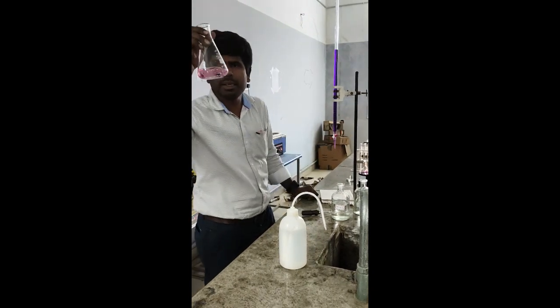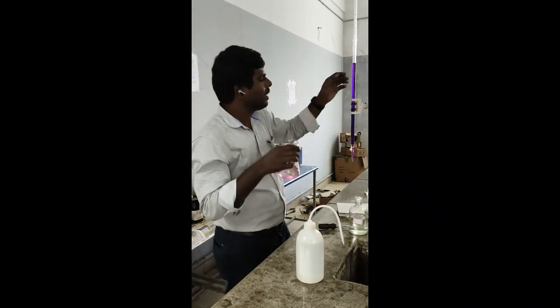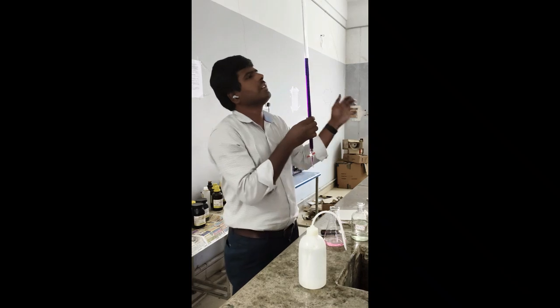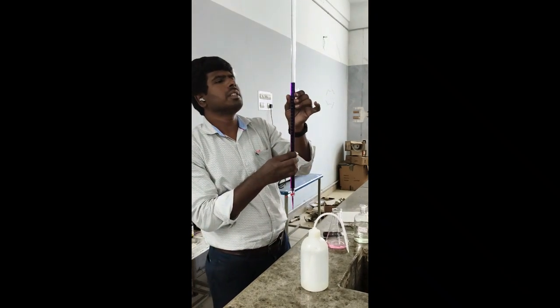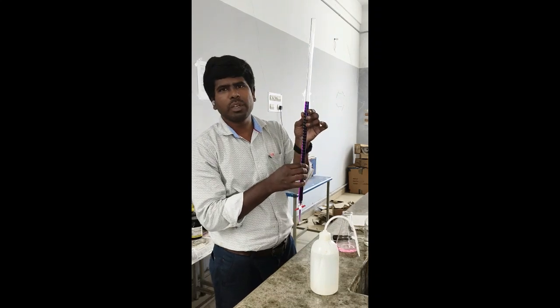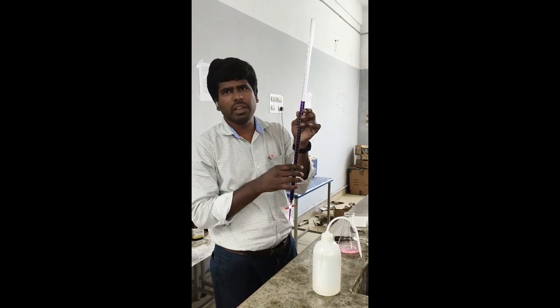Now you can see this is the pale permanent pink color, and check the burette reading. It is 19.1. So you can repeat 2 times and note down the values and do the calculation.